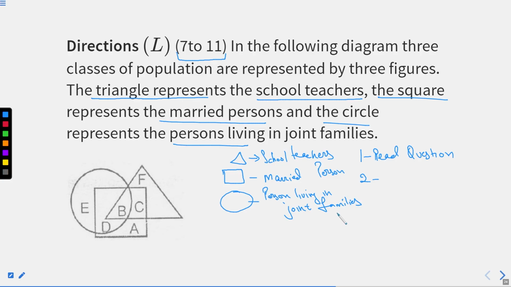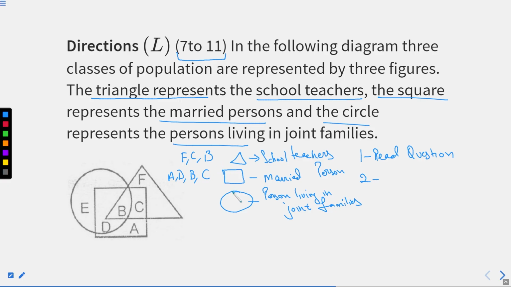Now if we talk about school teachers, within the triangle we have three: F, C, B. We can write it here, FCB. Married persons are within the square. So within the square we have A, D, B, C. So you can say that B and C are married persons as well as school teachers.